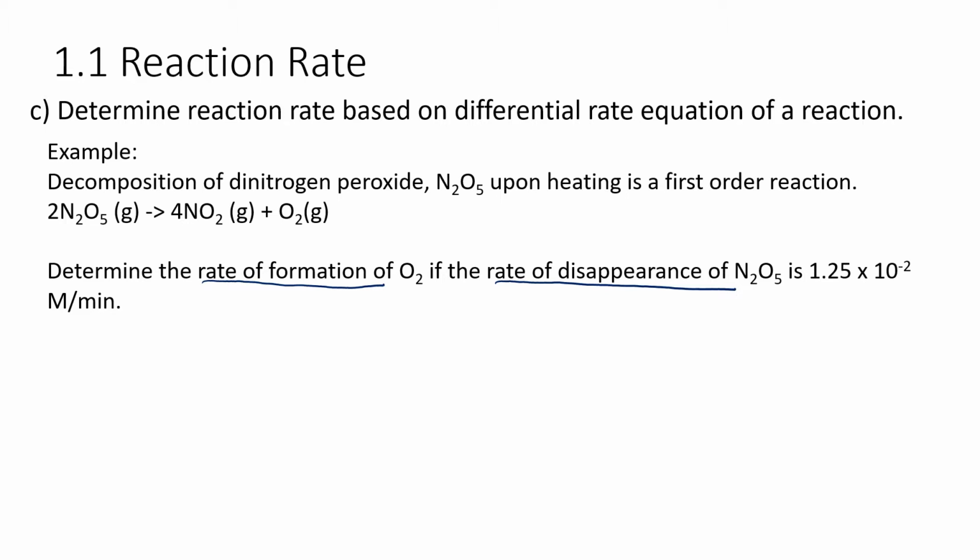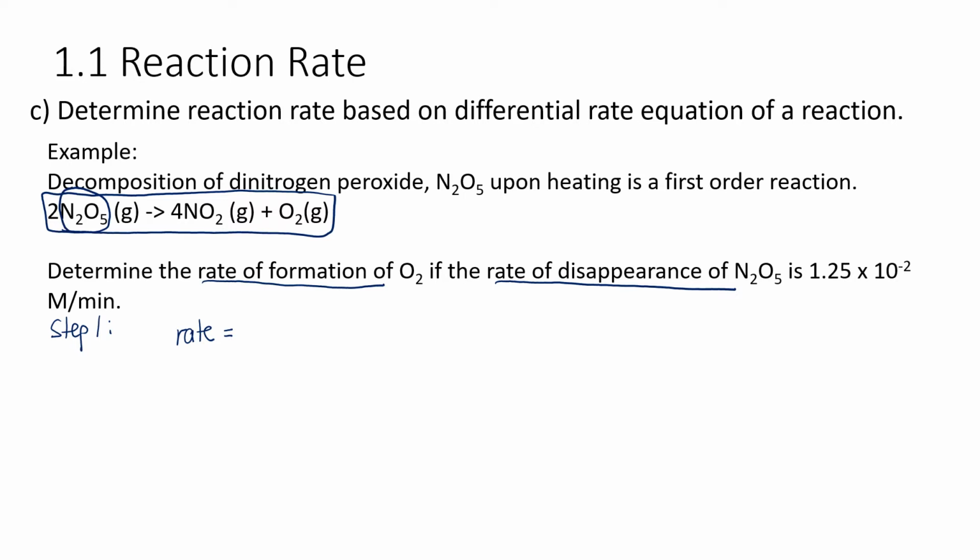So to solve the question related to differential rate equation, step number 1, we must write the differential rate equation based on the balanced chemical equation that is being given. So to write the differential rate equation, we must start with rate equal to, so N2O5 is the reactant.